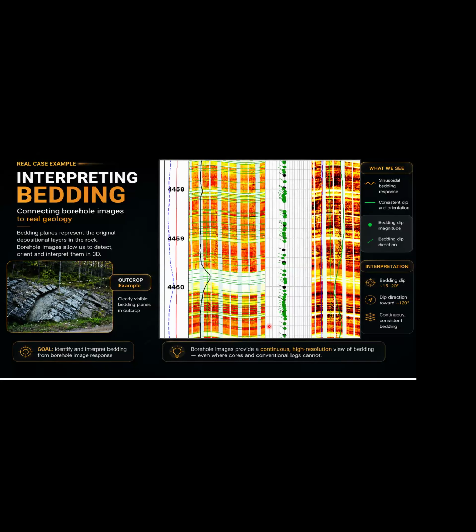We want to understand which direction these structural zones, or blocks, are dipping. This is very important, and the only logging tool that can give you this is the image, to know dip information: dip magnitude and dip azimuth.